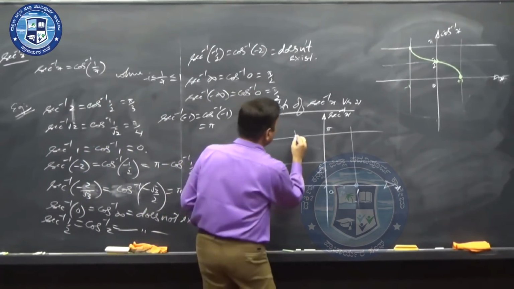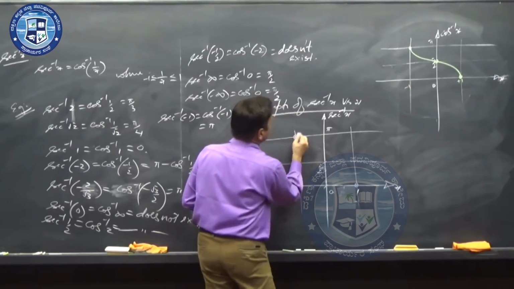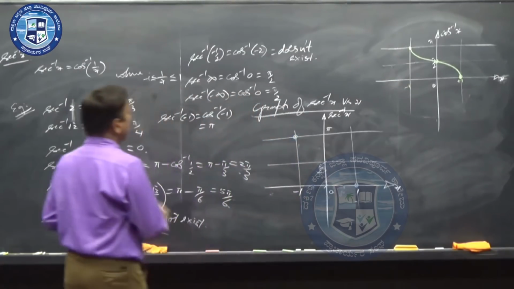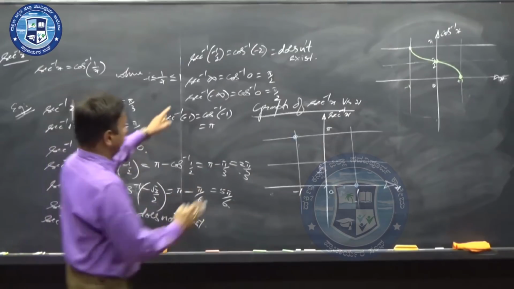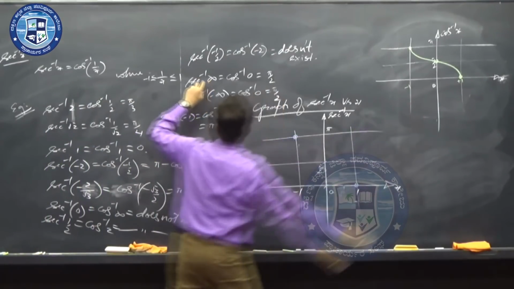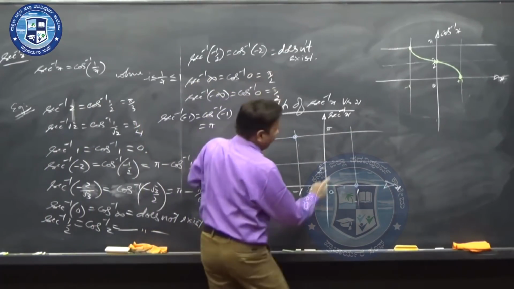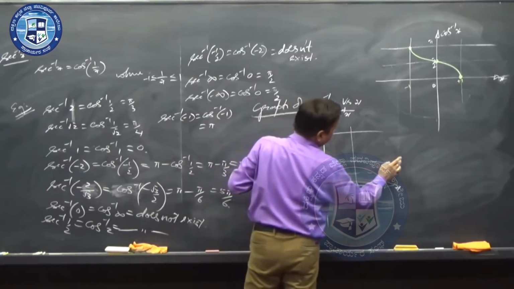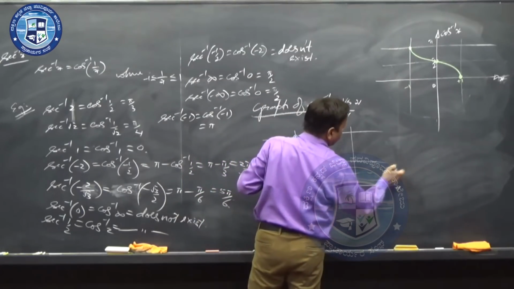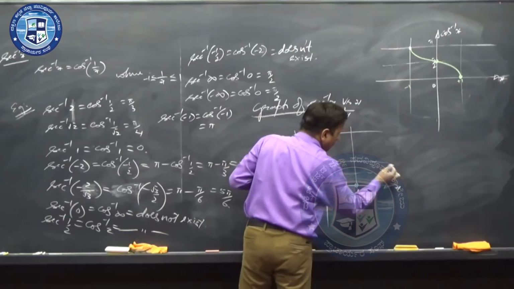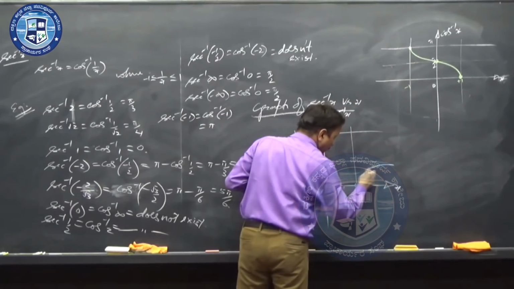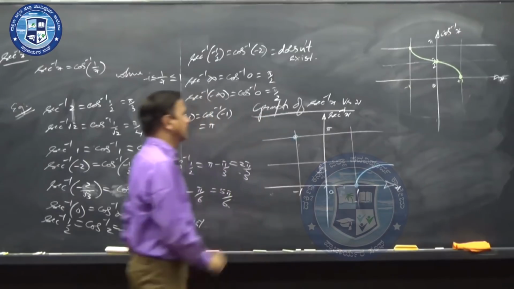So secant inverse minus 1 is nothing but pi. Look at this. And when x is infinity, secant inverse infinity is pi by 2. Infinity comma pi by 2 is a point, which clearly says that the graph will be somewhat like this. Look at this, the graph will be like this.